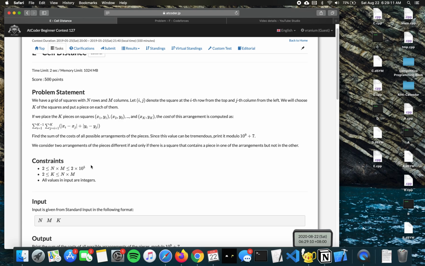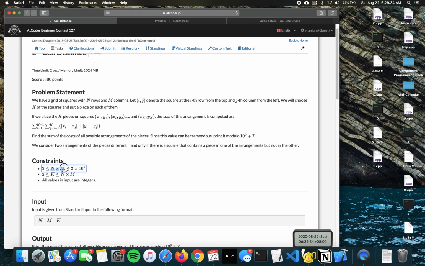Let's pick one pair, points x and y, and let's assume these are two of the k pieces. So we fixed this pair in. How do we choose the other k minus 2 points? The number of ways to choose the other k minus 2 points would be nm minus 2 choose k minus 2.